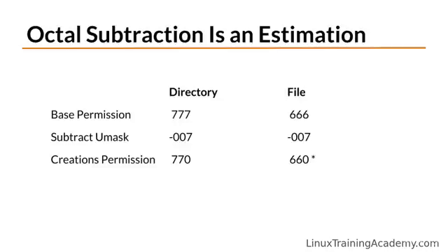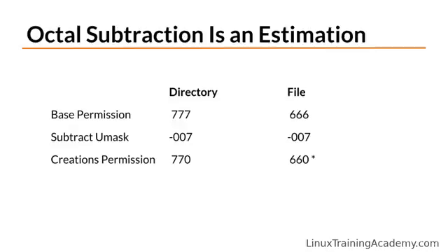So here's an example of using a umask where this breaks down a little bit. Umask 007, if you subtract that from 777, you're left with 770 for directory permissions, which is fine. However, 666 minus 007 would leave you with 66 negative 1. So there is no negative 1 permission, there's just no permission.